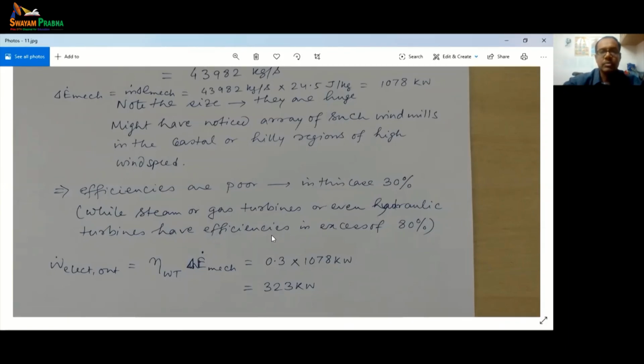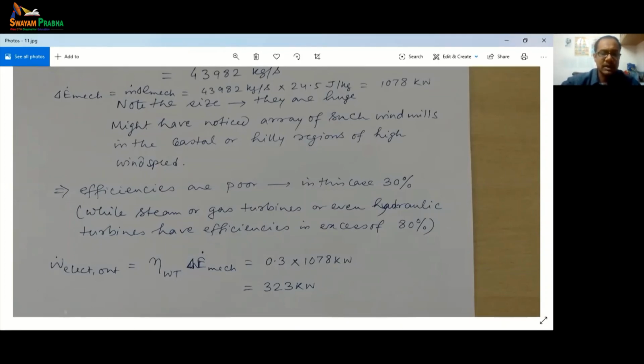But wind turbines are less efficient because you have very small area of intersection, which you learn in fluid mechanics. I am not going to discuss those issues here, but you just note that wind turbines are poor in efficiencies.